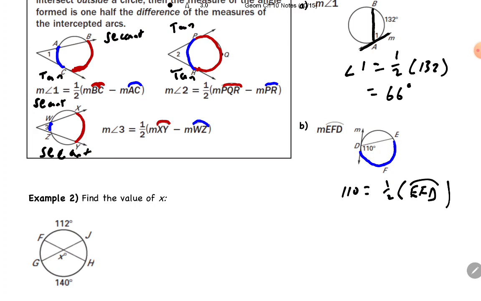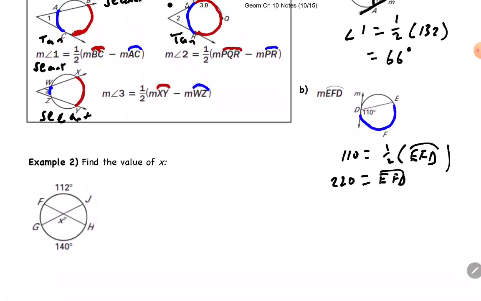In order to find that, we just double our angle. Arc EFD is equal to 220. So if we have an arc, we take half for the angle. If we're looking for the arc, we double the angle.